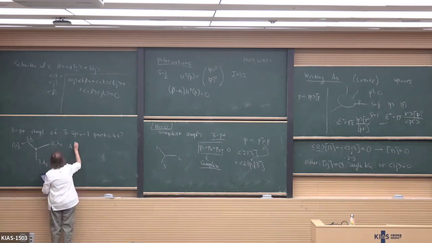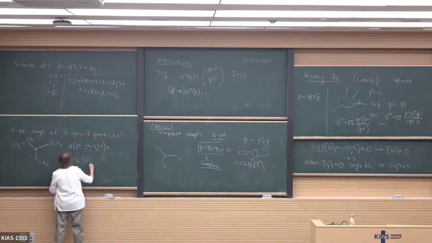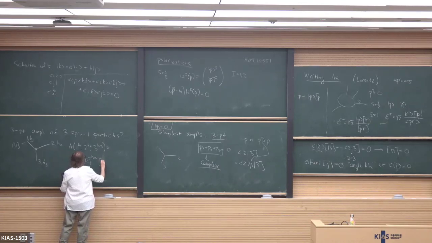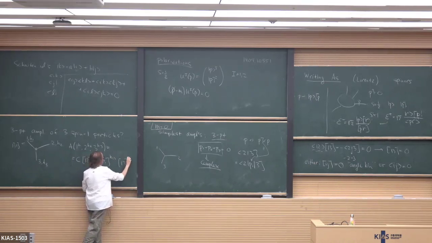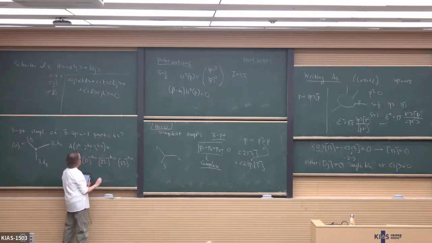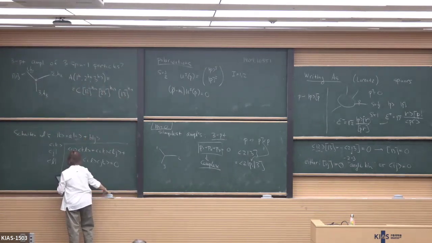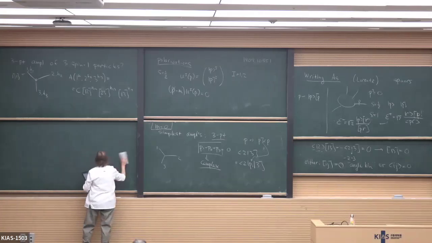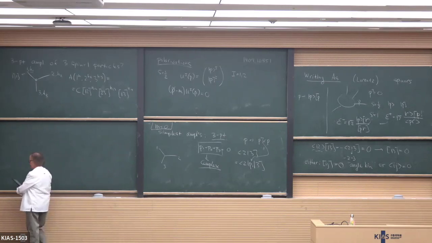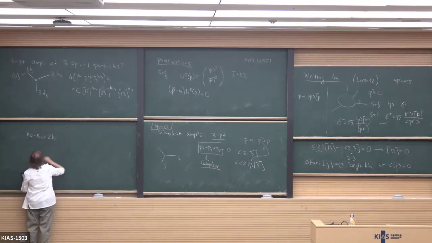So this amplitude is going to be some constant times [12]^n12 [23]^n23 [13]^n13. Now we can look at what the little group tells us. It tells us that n12 plus n13 has to be equal to 2h1.